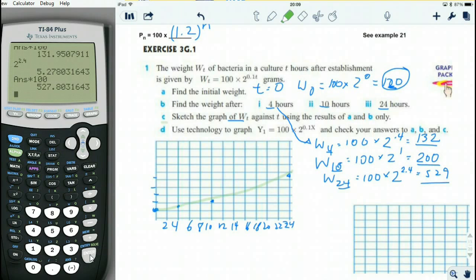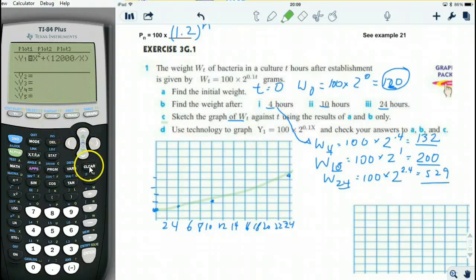So that was C. Now use technology to graph y equals 100 times 2 to the 0.1x and check your answers to A, B, and C. Okay, so let me teach you how to use a calculator to do this. You use y equals, and then you just program the formula in here. So you put 100 times 2.